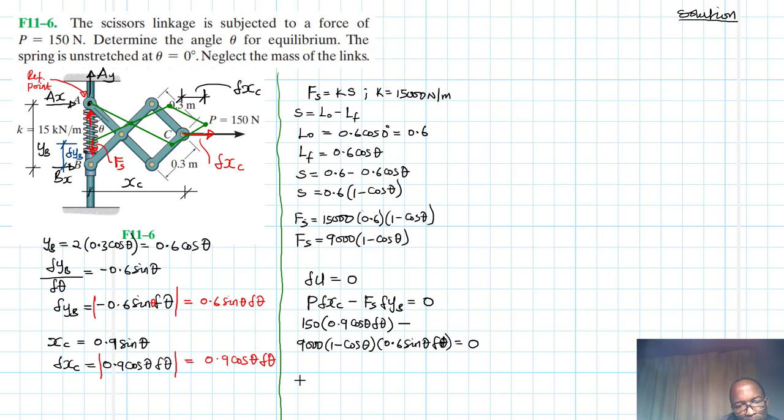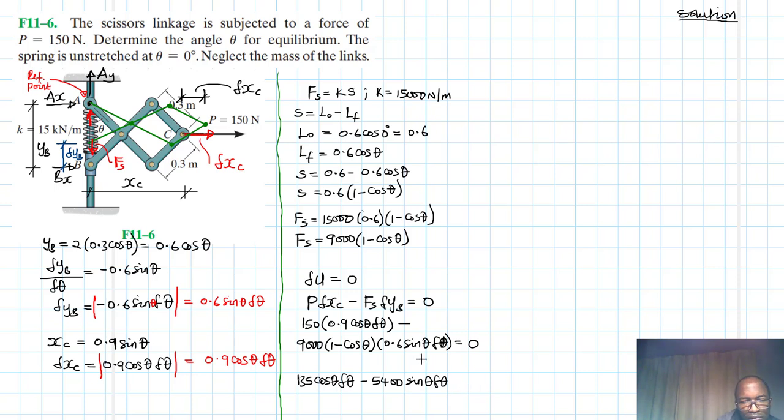We can simplify this further: 150 by 0.9 gives us 135. So we have 135 cos theta del theta, minus 9,000 times 0.6, which is 5,400, times 1 minus cos theta, then sine theta del theta.